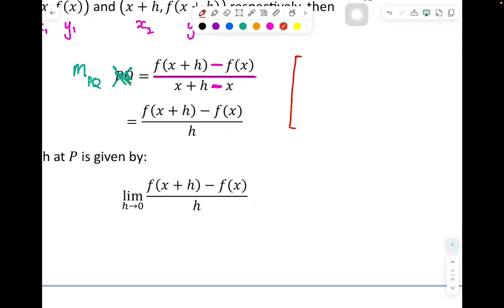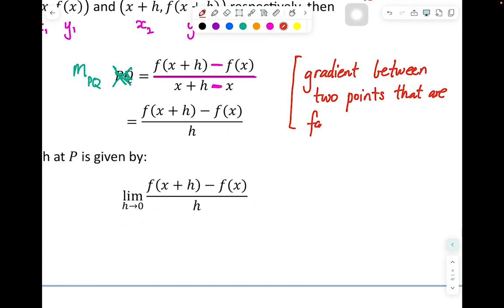This is the gradient between 2 points that are far apart. We also had a name for this. We called this the average rate of change.